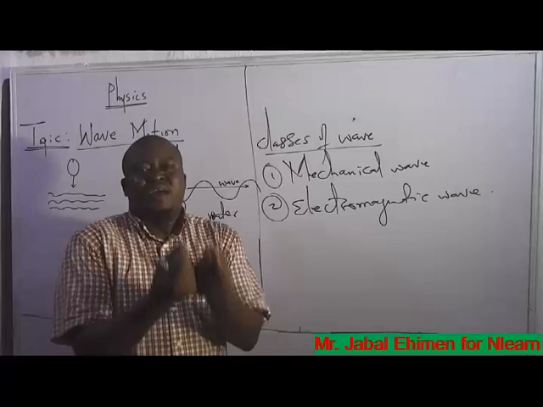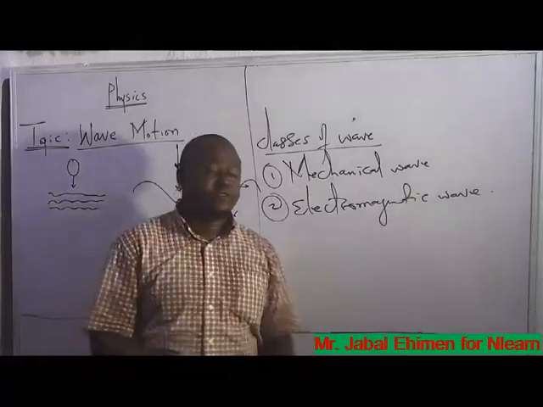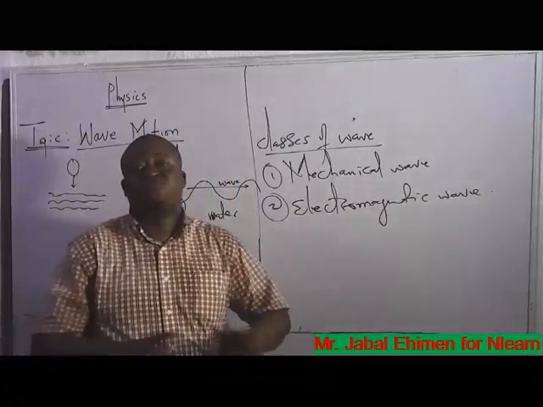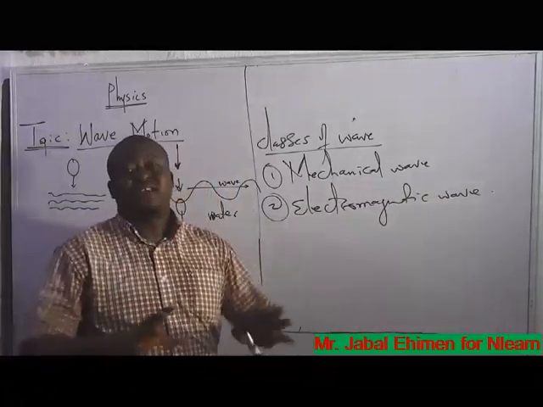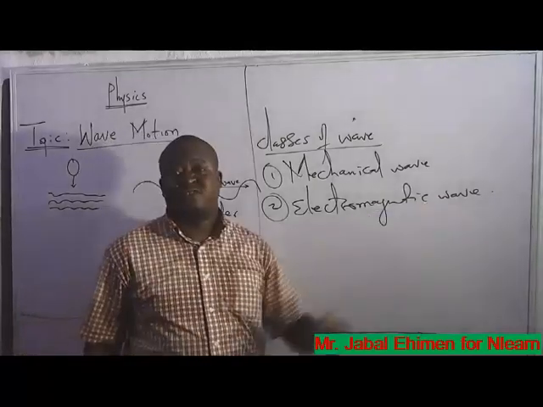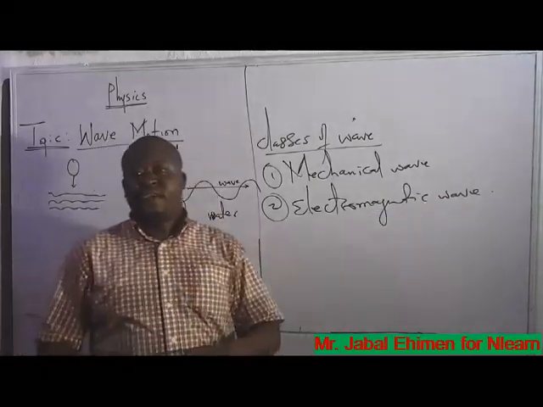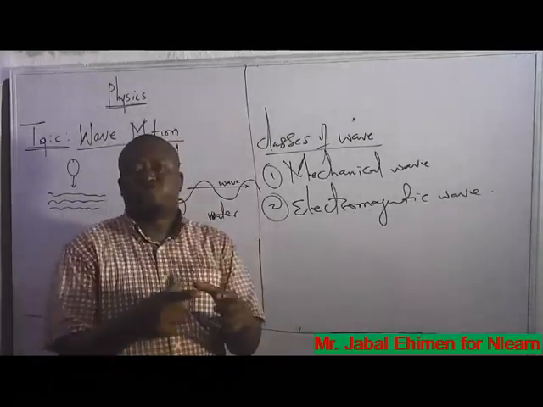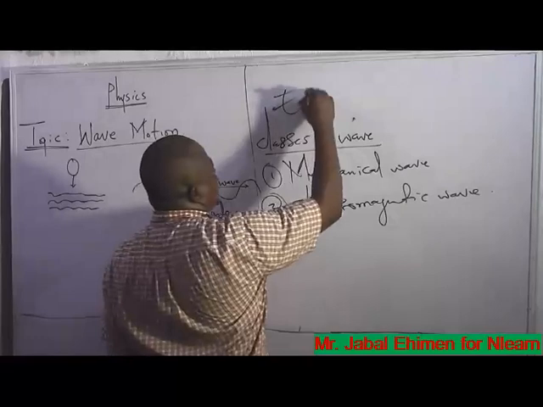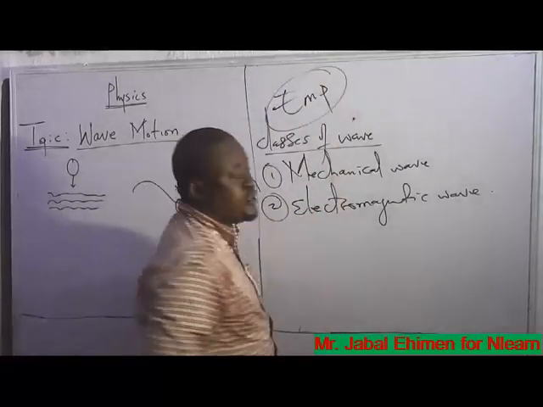They need a molecular material medium for their propagation. But for electromagnetic wave, no. It passes through an empty space. It's propagated through an empty space. That's where the present day bomb structure they call the EMP was created from. EMP. Because I've heard of the EMP.